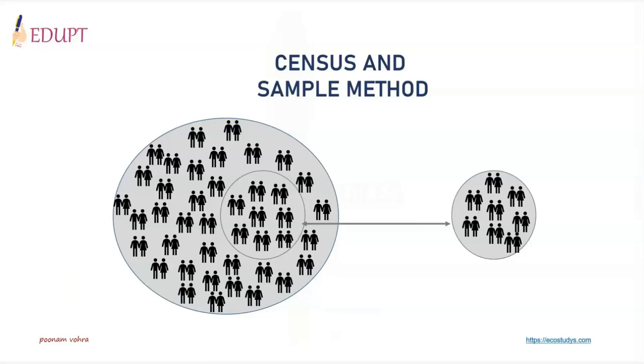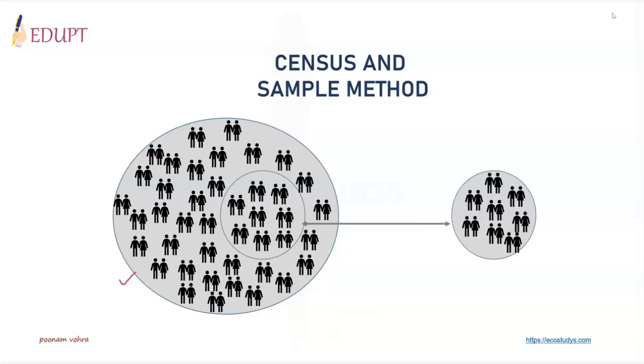Here, universe means a region, city, or country or group of people through which the data can be acquired. This whole round comprises universe, which represents the number of people from whom data needs to be collected.